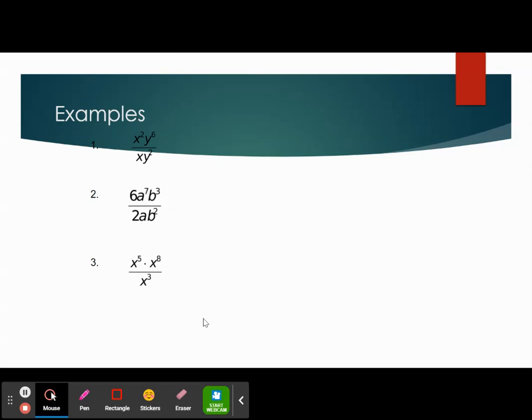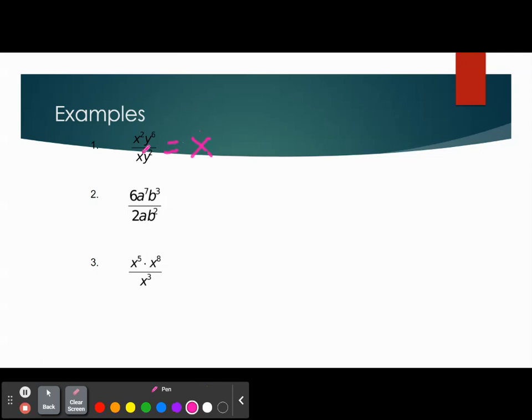x squared y to the 6th divided by x y squared. Okay? So to do this, here's what you need to do. First, look at the x's.